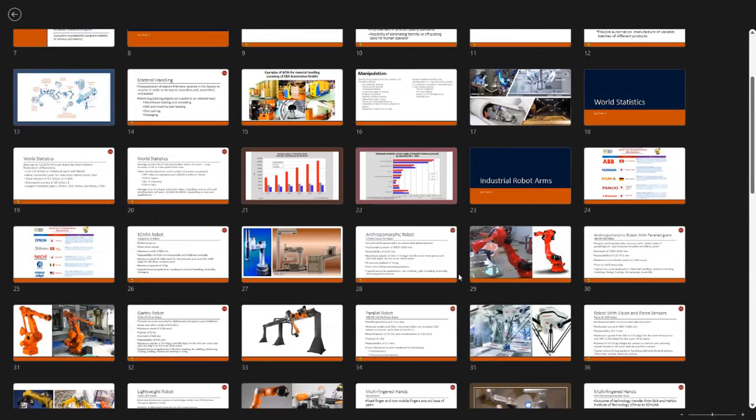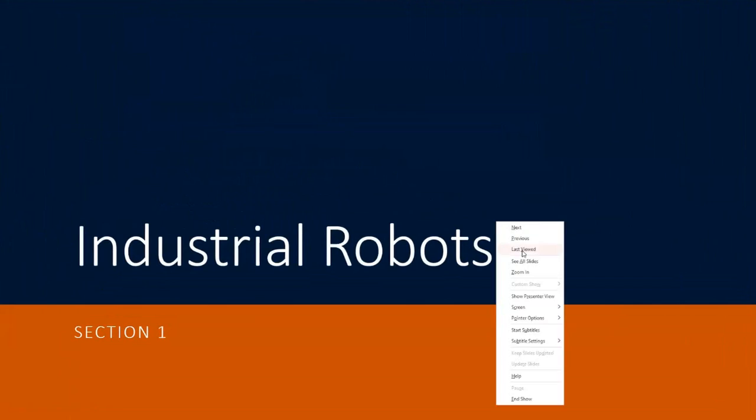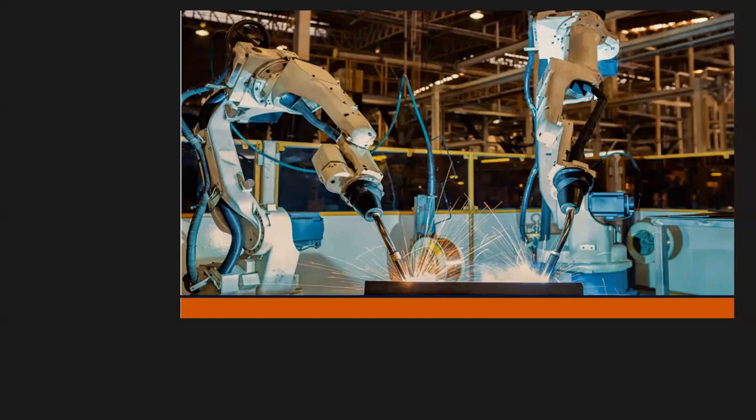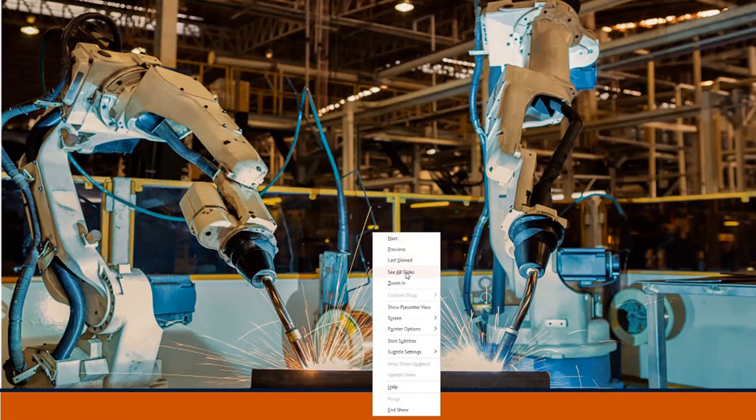So let's go back. First, let's look at the industrial robot. Industrial robot is pretty simple. It is the one that you use in industry to replace humans, reducing danger and possible harm.